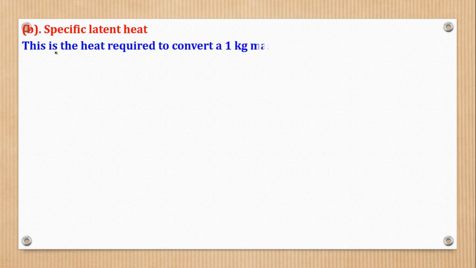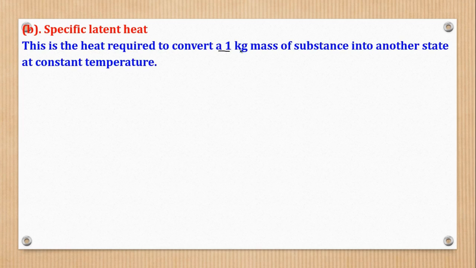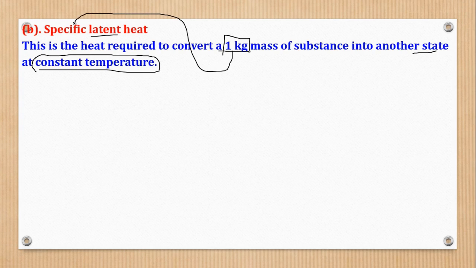Now what about specific latent heat? Specific latent heat is the heat required to convert 1 kilogram mass of a substance into another state at constant temperature. So constant temperature is the keyword for the word latent, and 1 kilogram is the keyword for the word specific.